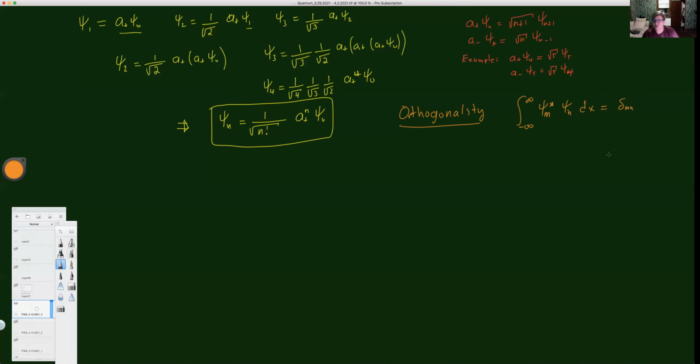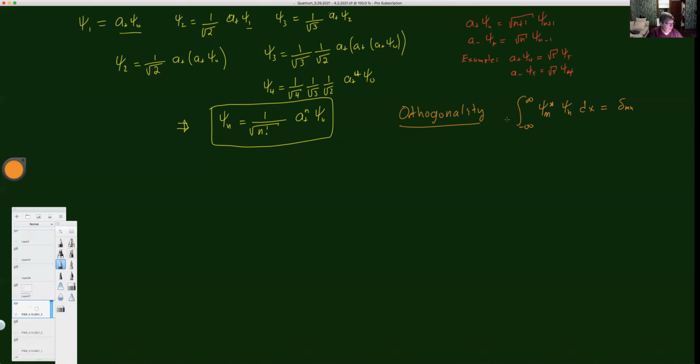Remember, we had that Kronecker delta. That just says the integral is 0 when m is not equal to n, and 1 when m is equal to n. We'd like to prove orthogonality for this case, but I think we'll leave that because it's going to take a while. But if you look in your book, they do a proof of this, and you can easily work through it.